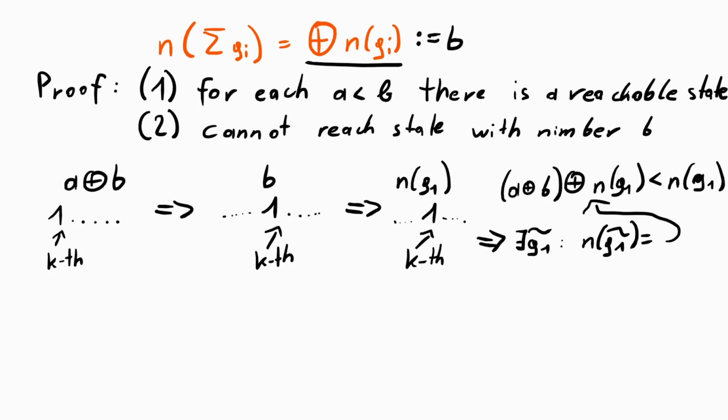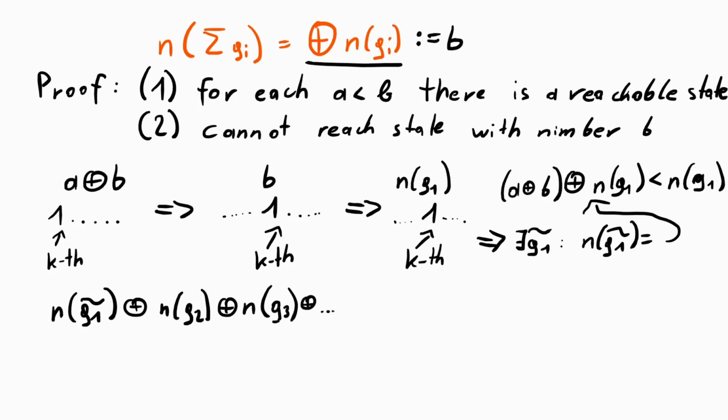Let's just prove this. So if we do this move and compute our new number with the Sprague-Grundy Theorem, we will end up with number of G1 tilde XOR number of G2 XOR number of G3 XOR dots, all the numbers of the other games. And this is nothing else than a.